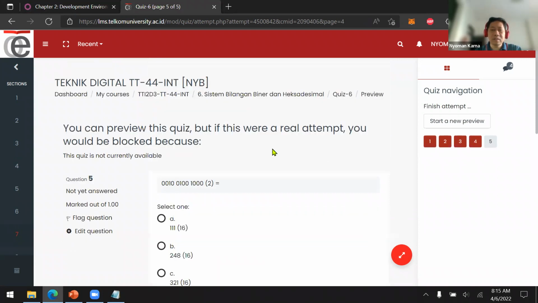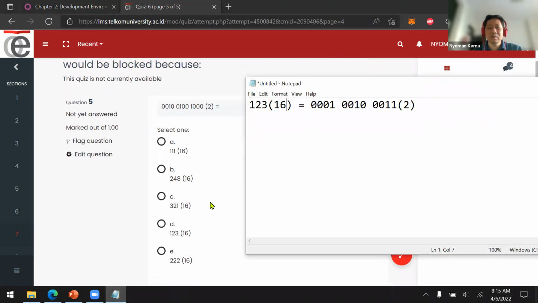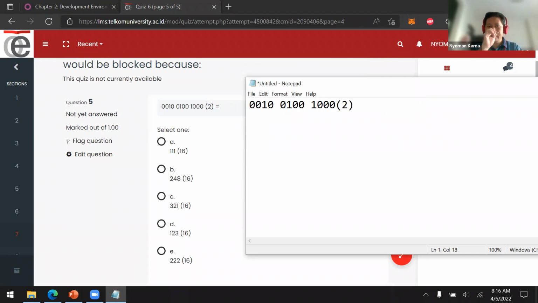Now, the last question. We have a binary sequence, and maybe we're going to represent it using hexadecimal. That's quite straightforward: 0010, 0100, 1000 in binary. Remember, the weights are 8421, 8421, 8421.